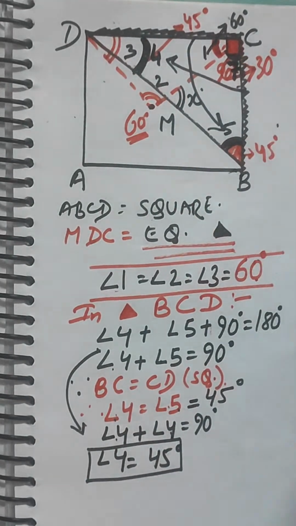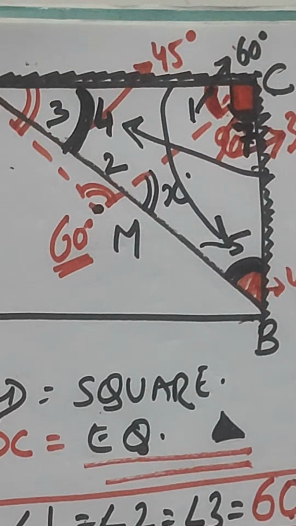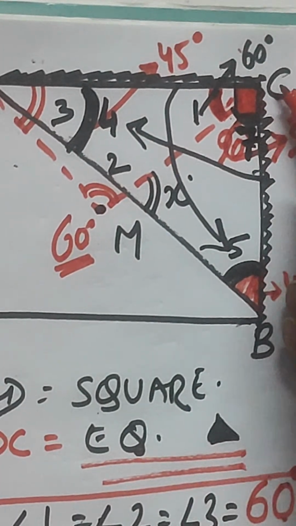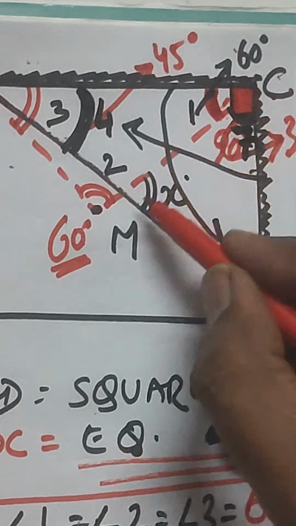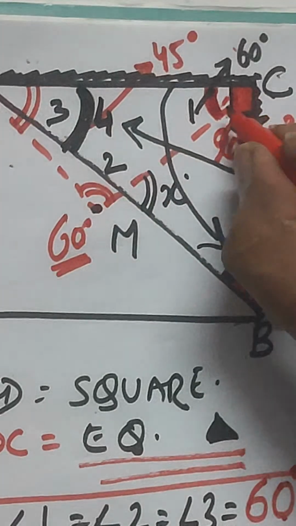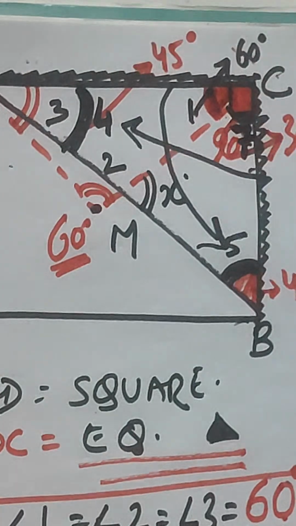Let me zoom in a little so that you can understand very clearly. At point C, the entire angle is 90 degrees, and MDC is an equilateral triangle, so angle 1 is 60 degrees.